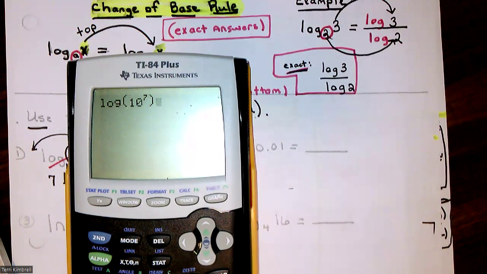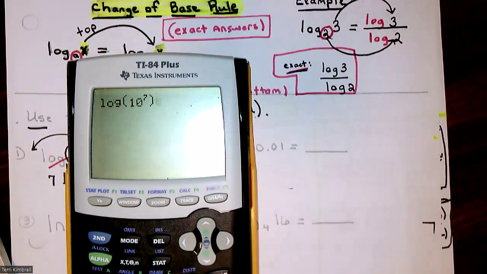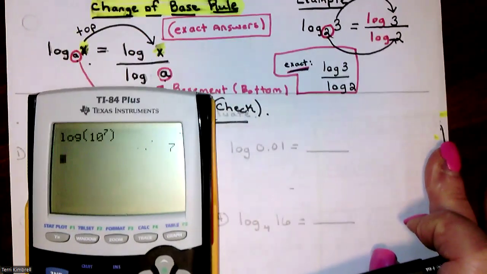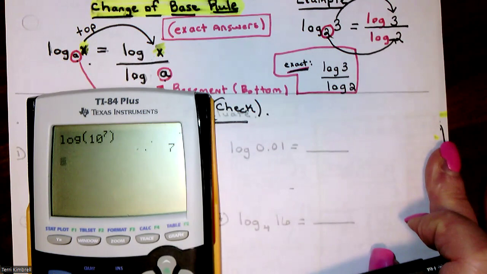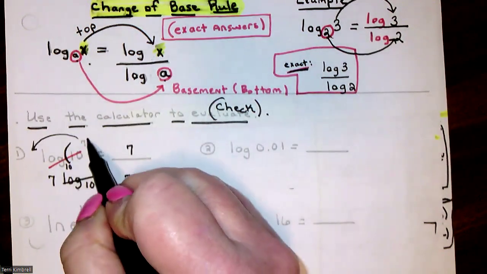Okay, so make sure when you type these in that you put parentheses around that. If you're using your calculator to check, please enclose that exponent inside, and then you would see that you would get 7. Okay.